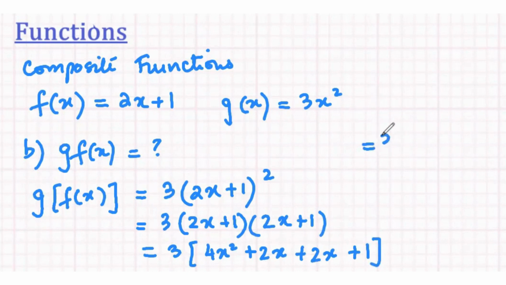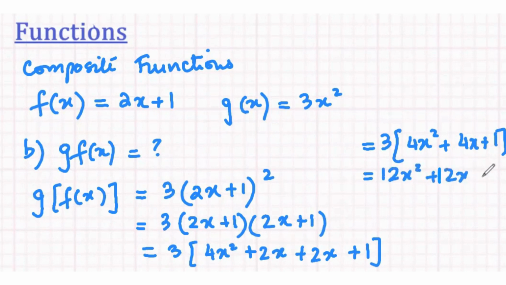So that's going to give us 3 times 4x squared. Combine the like terms: 2x plus 2x is 4x, plus 1. Now multiply the 3 with all of the terms inside the bracket. That's 12x squared plus 12x plus 3. So this is your value for the composite function of g of f of x.